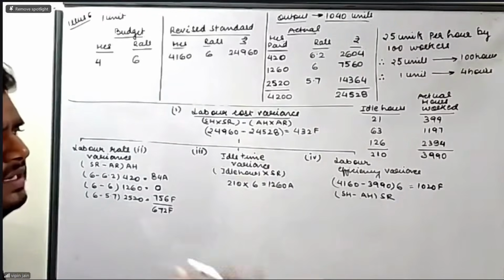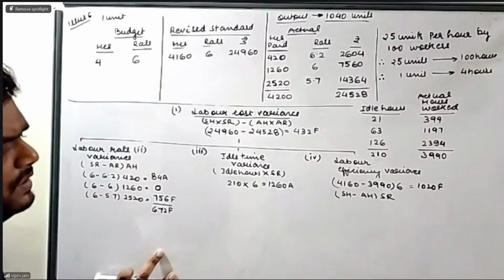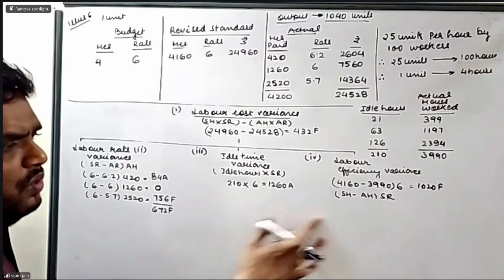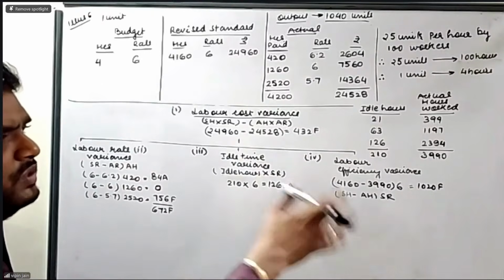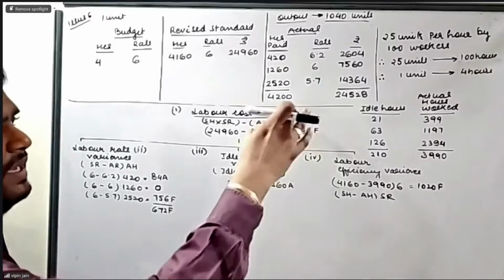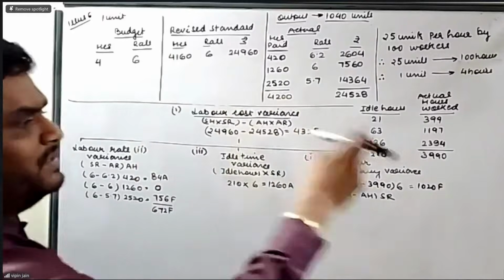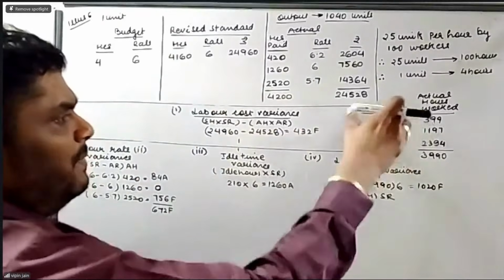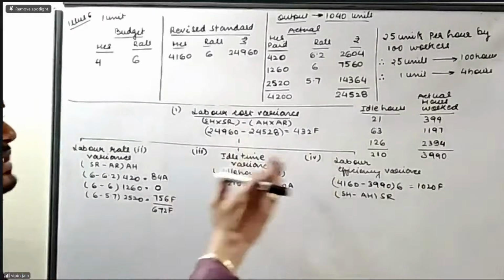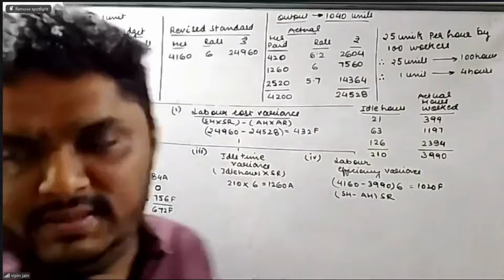This approach is correct. This is just for you guys to understand it in a better way. So the total should be 432. And I think I skipped this part. It is not 4160 minus 4200. It is 4160 minus 3990, because the impact of 210 hours I have already covered in idle time variance.